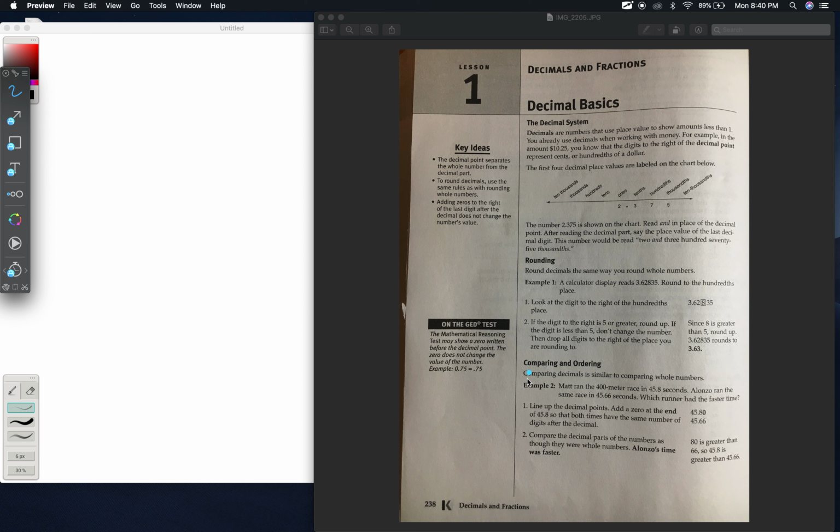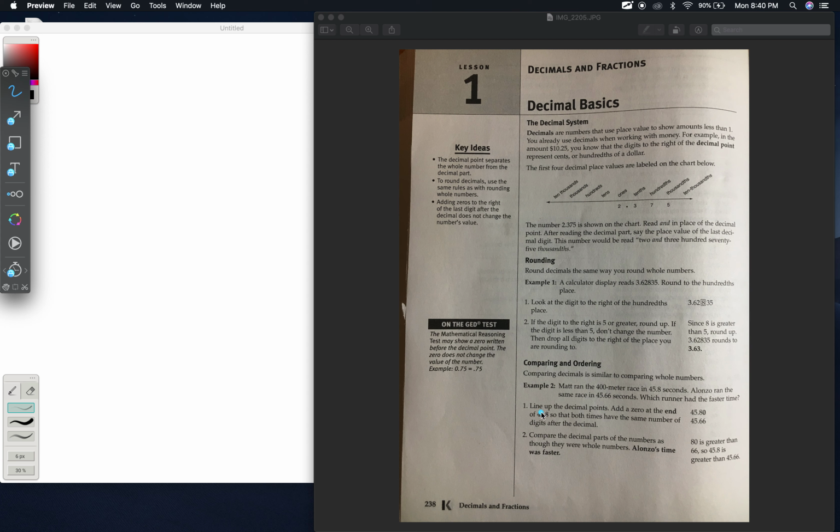Let's see. Comparing and ordering. Comparing decimals is similar to comparing whole numbers. Matt ran the 400-meter race in 45.8 seconds. Alonzo ran the same race in 45.66 seconds. Which runner had the fastest time?